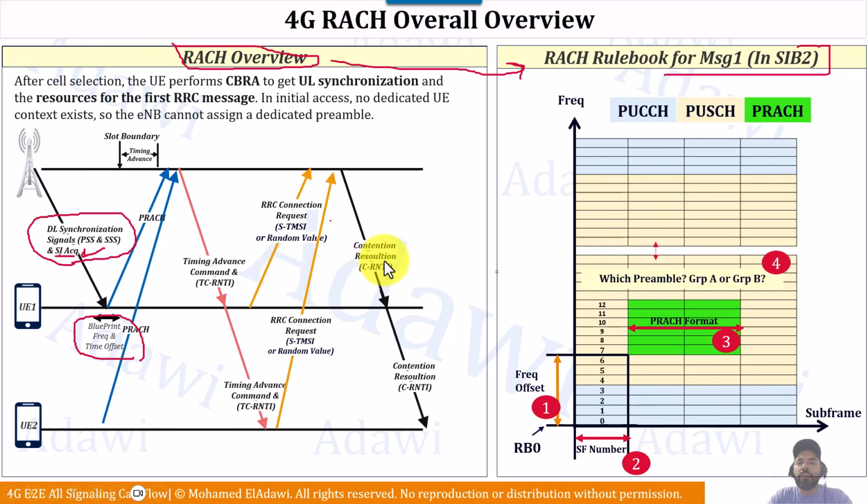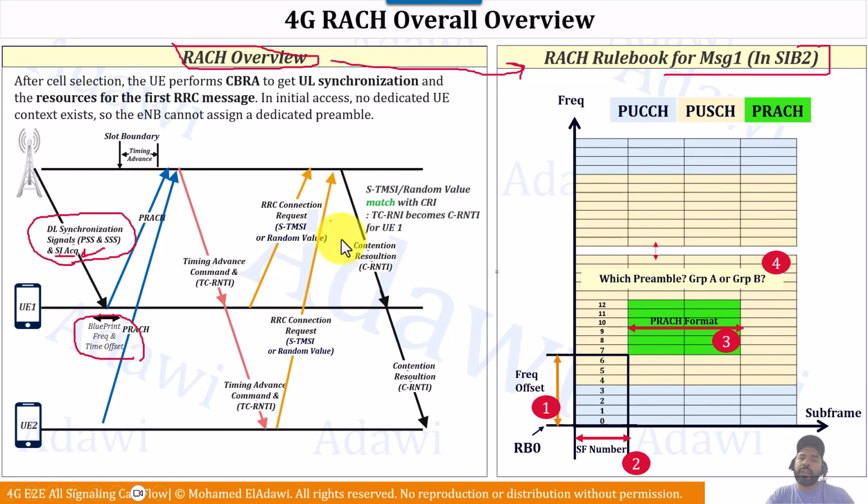So this is the MAC contention resolution. What exactly does it indicate? It contains something called the contention resolution identity, which the user will take from message number 4 and compare with his own S-TMSI or random value.